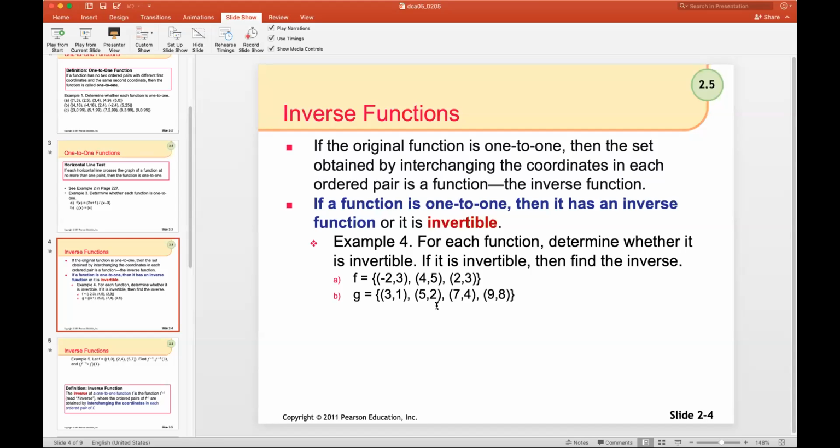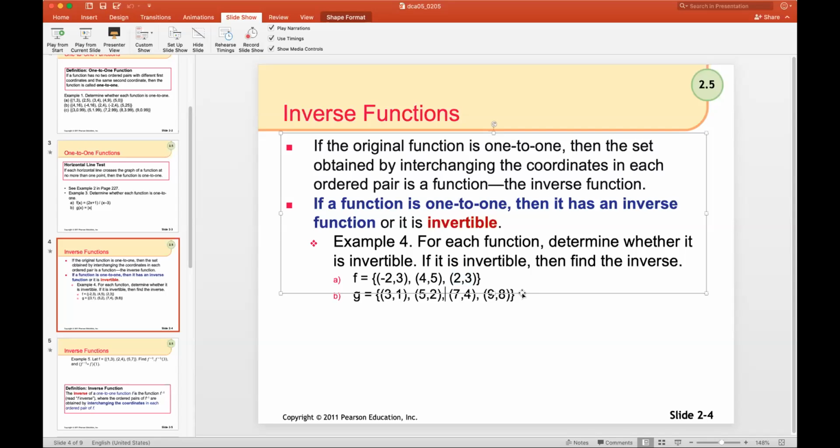I don't think f is invertible, because the first and the last ordered pair have different first coordinates but the same second. So f is not invertible. What about g? Yes, g is invertible.